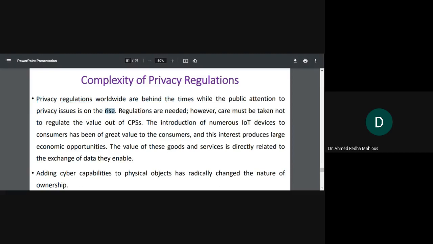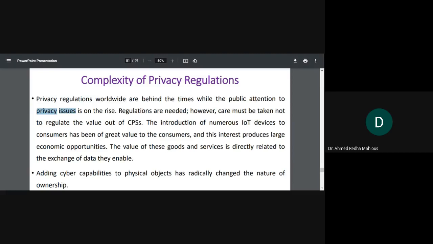Now, those people who create regulations will face some problems against privacy issues. Let's say, for instance, among regulations, maybe you will find an organization needs to send its data to ABC government.